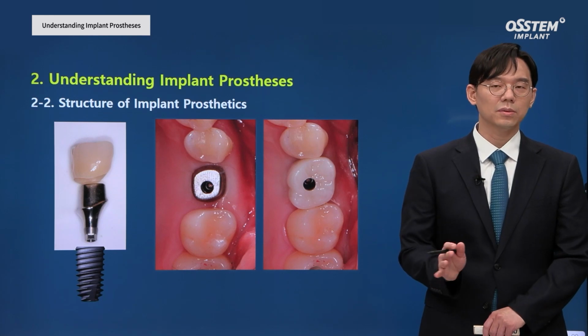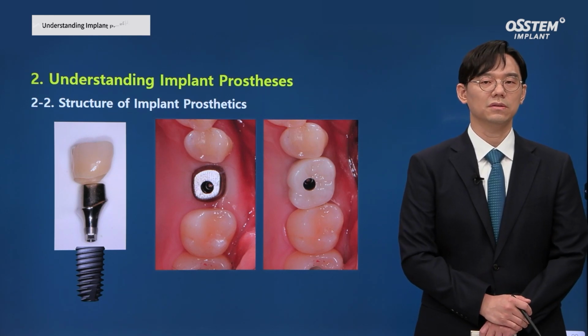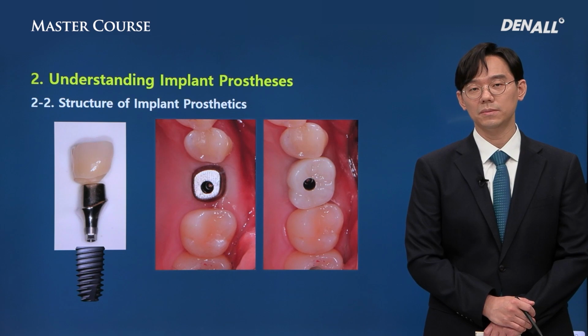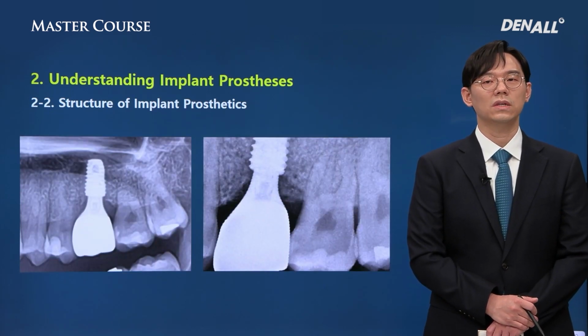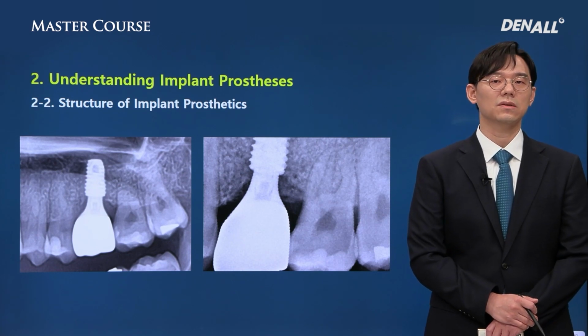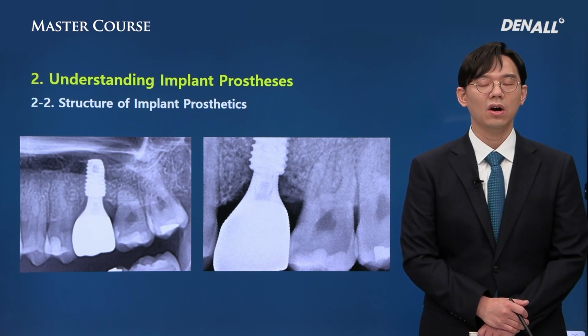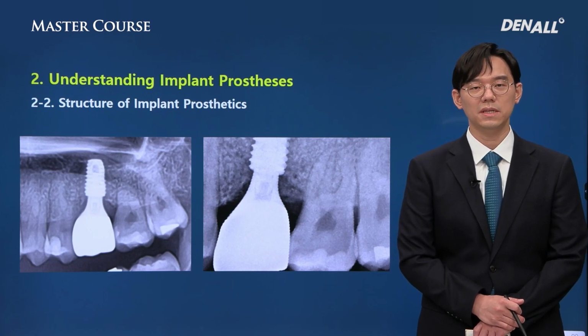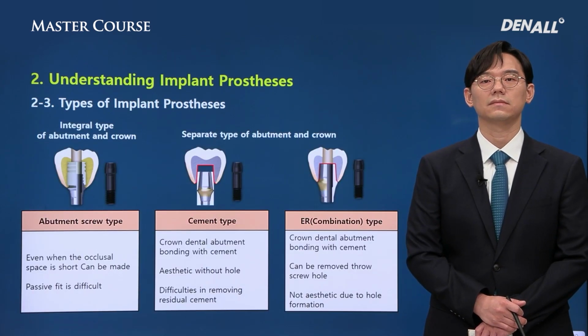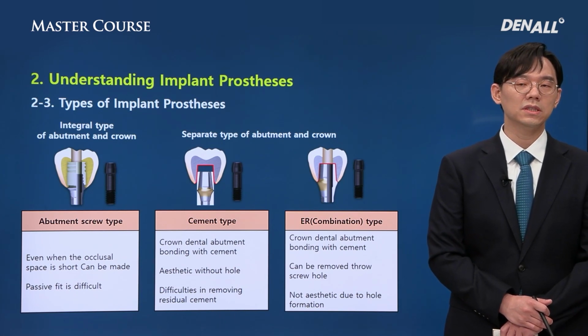The implant is connected with abutment using screw, and abutment and crown is bonded using cement. After abutment is connected and when crown is tried in, you need to take x-ray to check whether the connection is correct and whether there's any underseating. You need to check the crown margin as well.